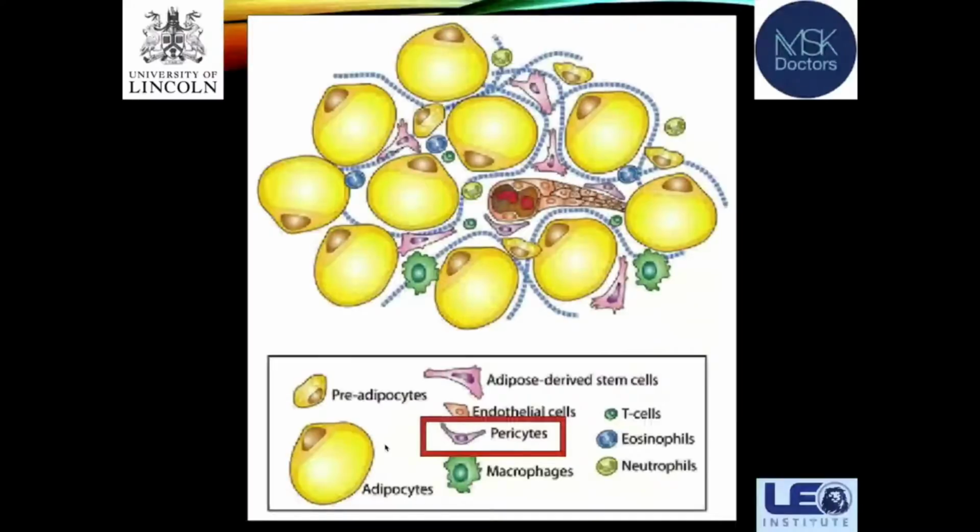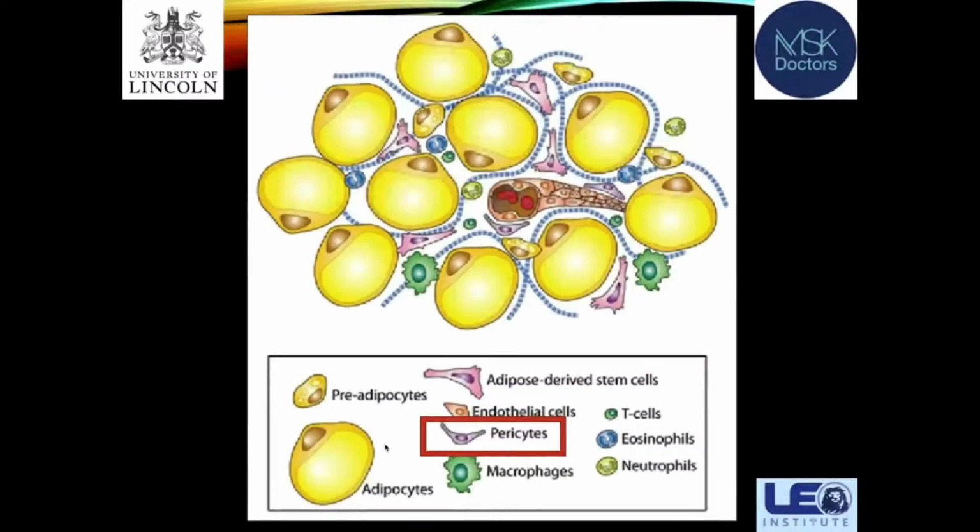You can see this diagram here showing the different molecules and cells within the fat. The key cell that we're interested in within this fat is the pericyte. And you can see the pericyte is a cell that sits around the vessels.